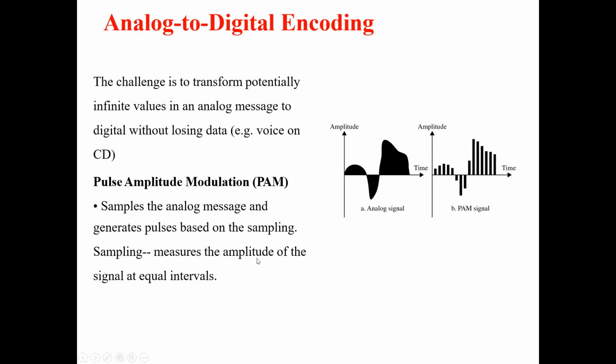Sampling measures the amplitude of the signal at equal intervals. Here the amplitude is this much, so the pulse is this much. Where the amplitude is higher, the pulse is also higher, so the PAM signal's pulse will be like this.